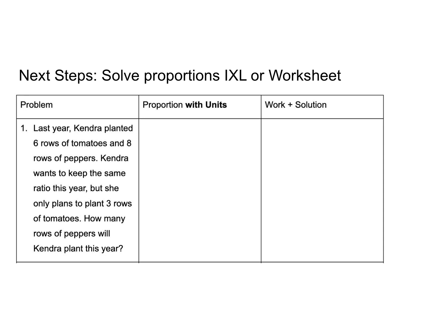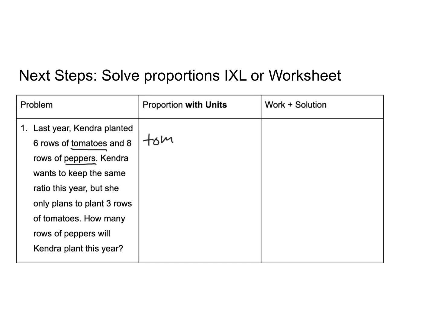It says, last year, Kendra planted 6 rows of tomatoes and 8 rows of peppers. Kendra wants to keep the same ratio this year, but she only plans to plant 3 rows of tomatoes. How many rows of peppers will Kendra plant this year? So first, I want to think, what am I comparing? I'm comparing tomatoes and peppers.